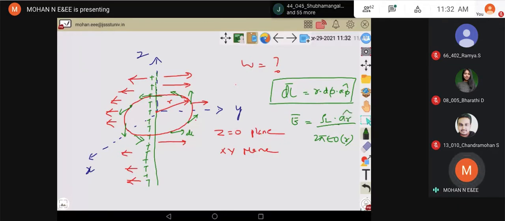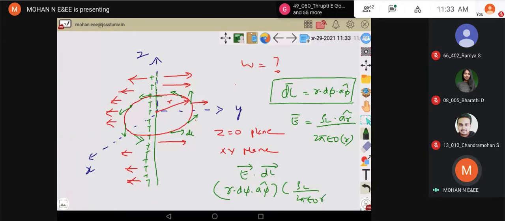So if you just multiply E vector and dl vector, what happens here? r into d phi into a phi cap multiplied by rho L by 2 pi epsilon naught r into ar cap. So a phi cap and ar cap are perpendicular quantities, normal to each other.